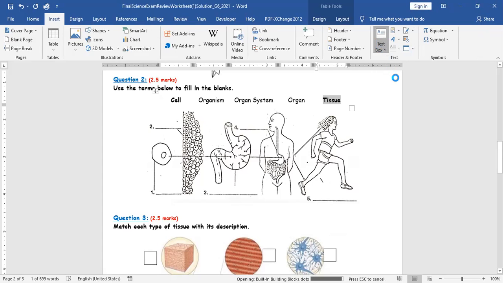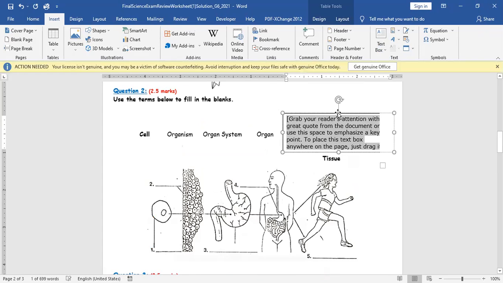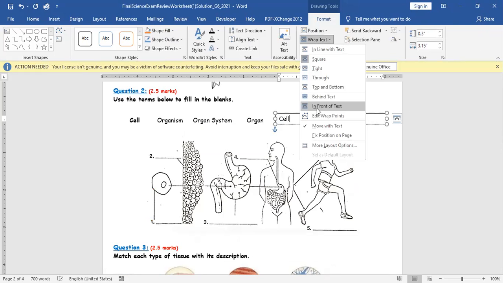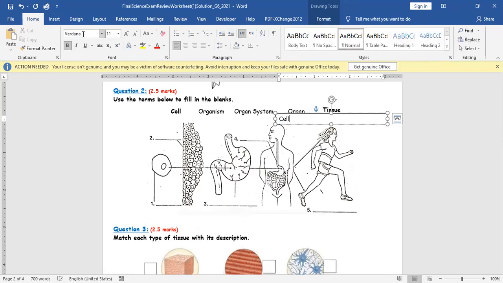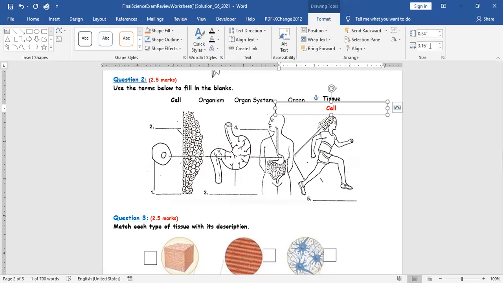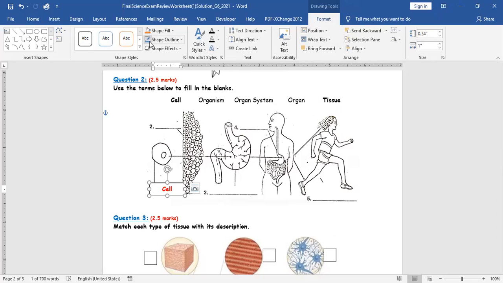Cells are the building units of organisms. Cell is the first unit of the organism.